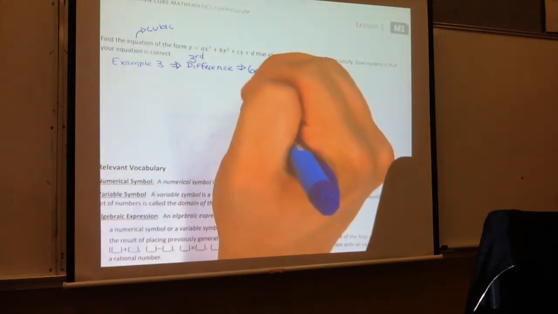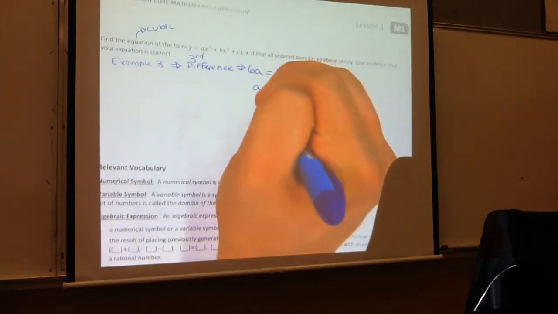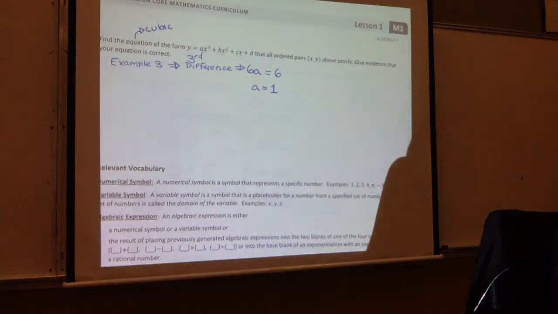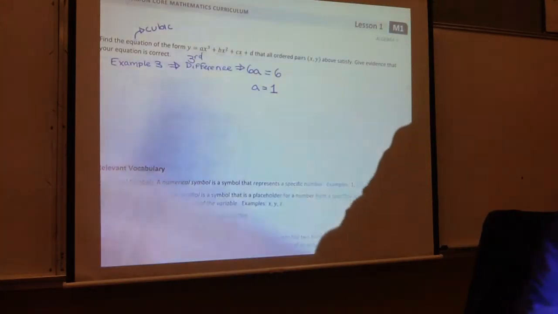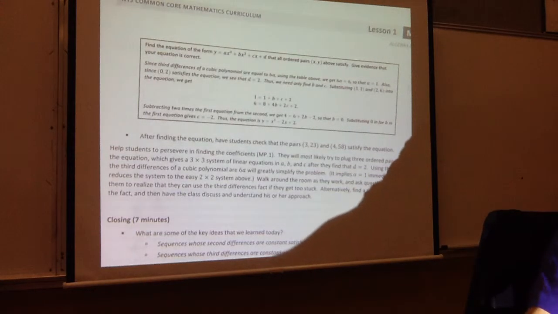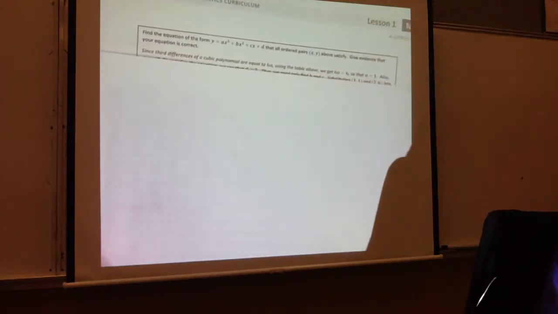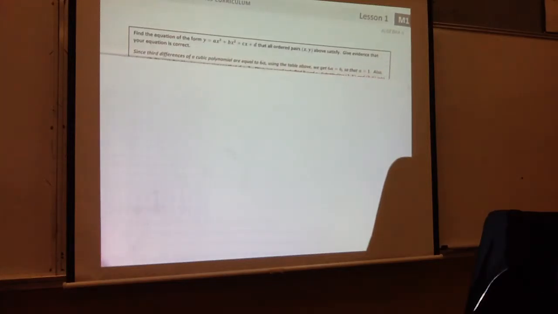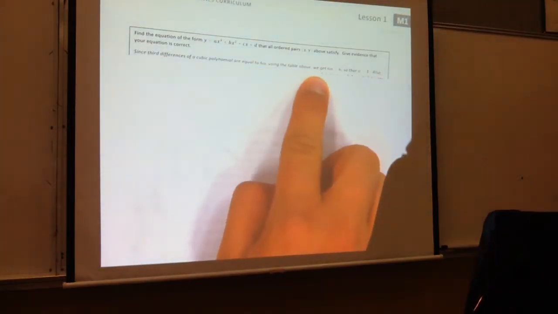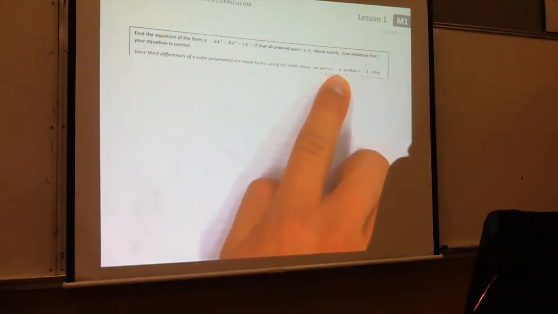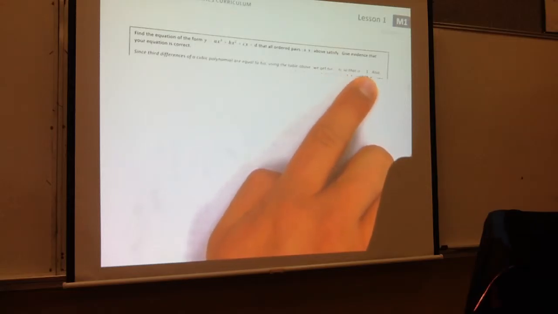Therefore, a must equal 1. Since third differences of a cubic polynomial are equal to 6a, using the table above, 6a equals 6. So a equals 1.